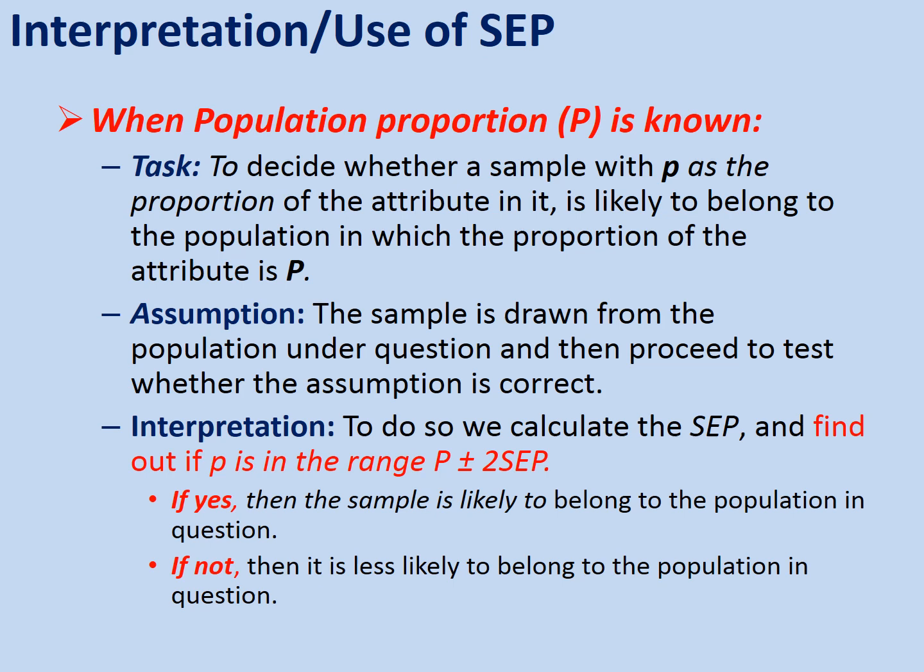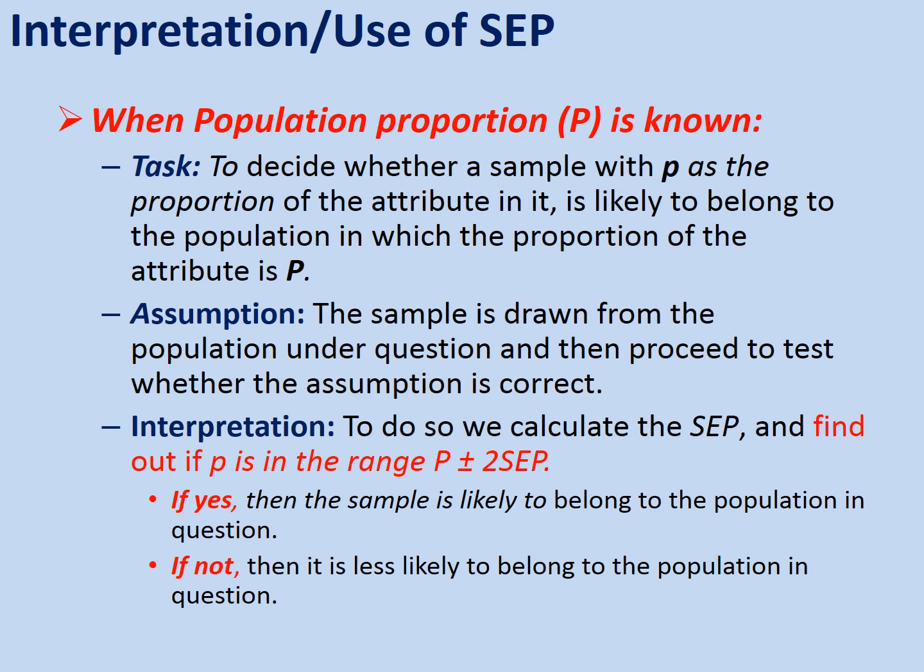Take a hypothetical example of hypertensive persons in a lonely town. So the population proportion, capital P, in our hypothetical example is persons with hypertension in a lonely town, and we take a sample of 200 persons from the whole population of the lonely town, measure the blood pressure and decide how many persons have hypertension.